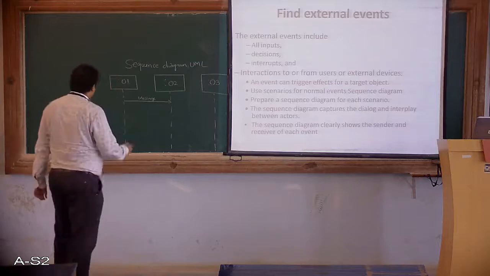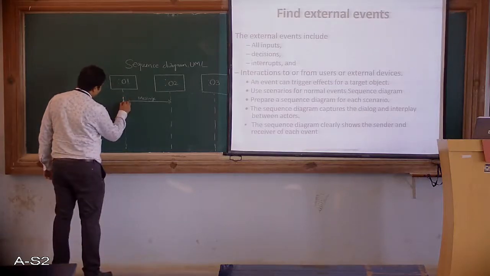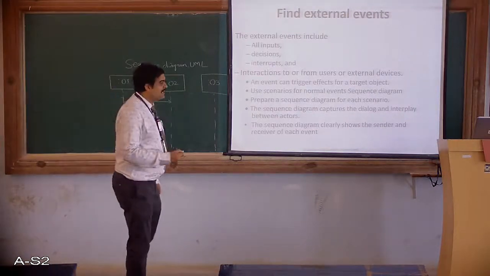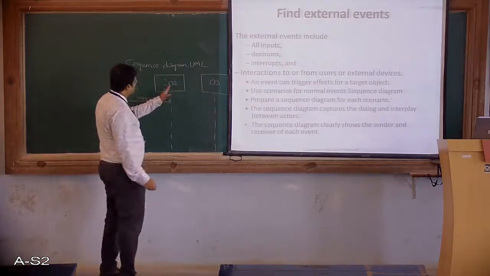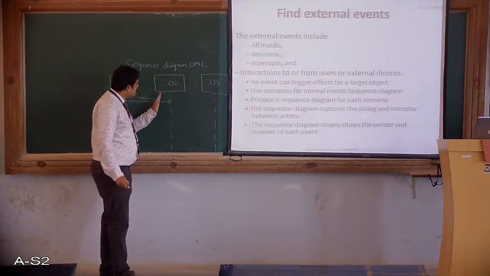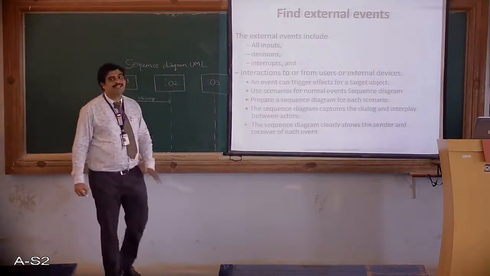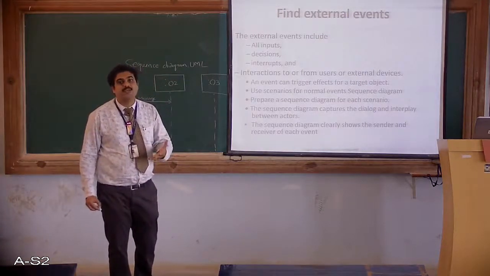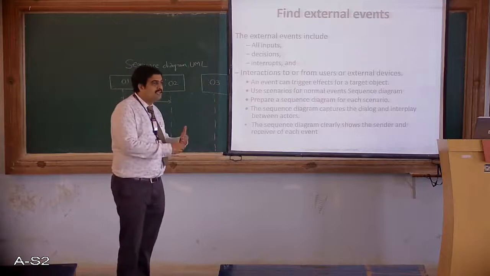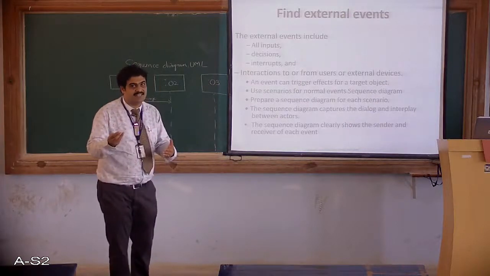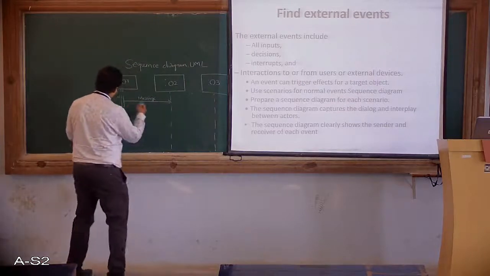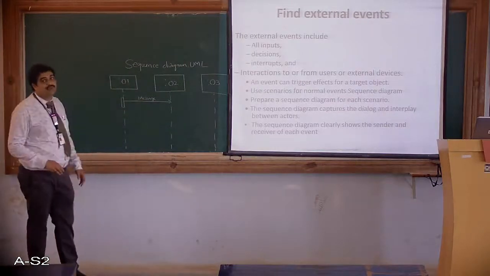So now I can assume that at this particular instance of time, object 1 will be invoked and the message will be passed to object 2. Based on the input given by object 1, object 2 may pass a message to object 3, or after executing there is a possibility that object 2 will also communicate to object 1.